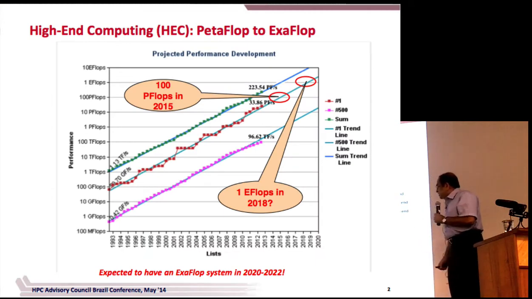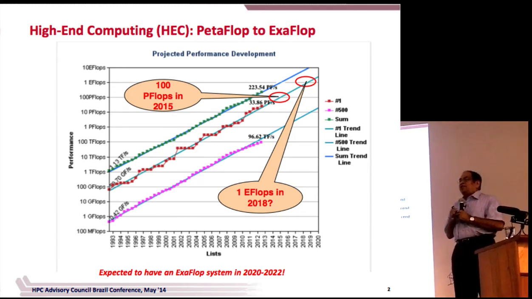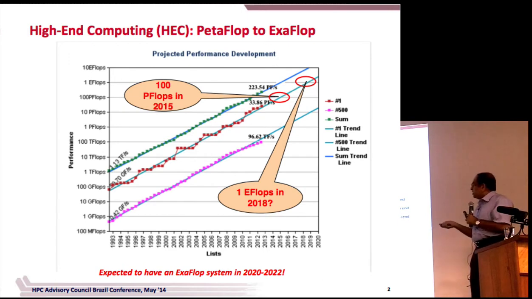Many of you might have seen these slides. This data is taken from the Top 500 list, which compiles all the machines in the Top 500 ranking. This line shows how the field is moving, that is, the number one system in the world as the years progress.